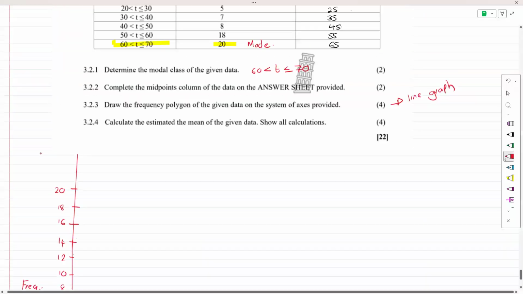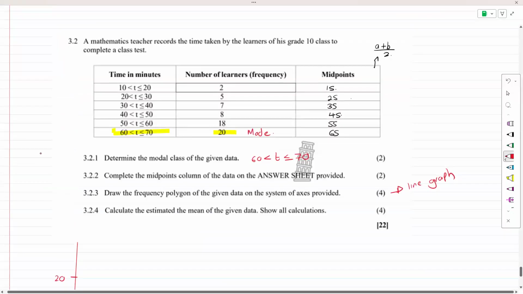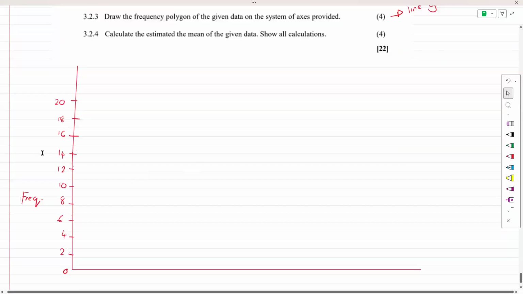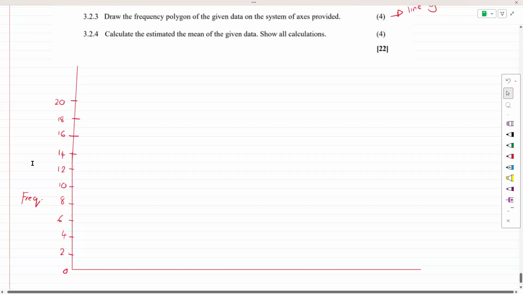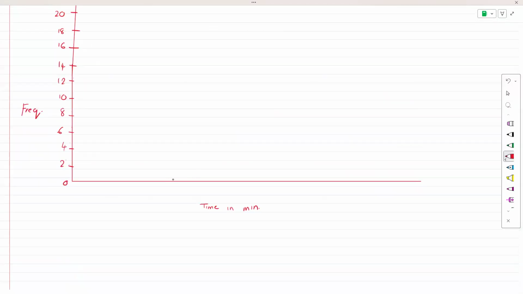Now the time, it's a bit iffy. Let's go in fives. 5, 10, 15, 20, 25, 30, 35, 40, 45, 50, 55, 60, 65, 70.